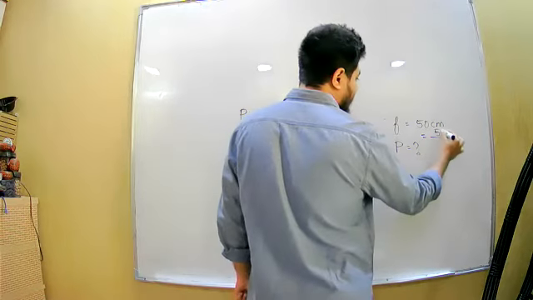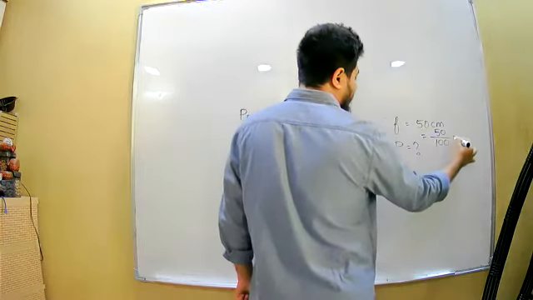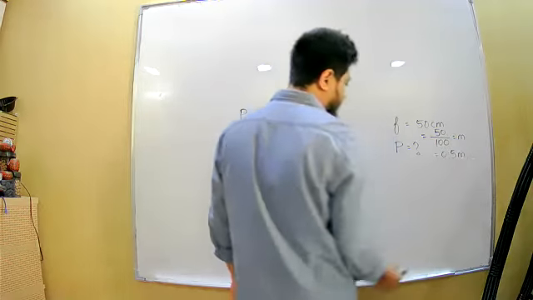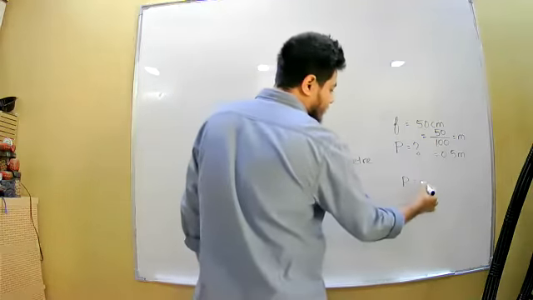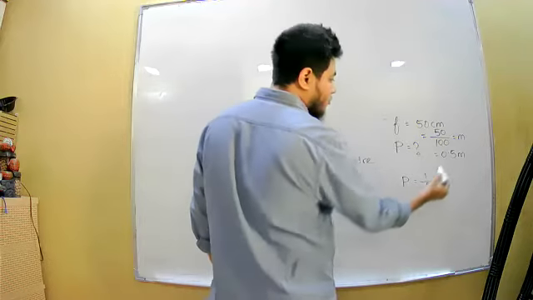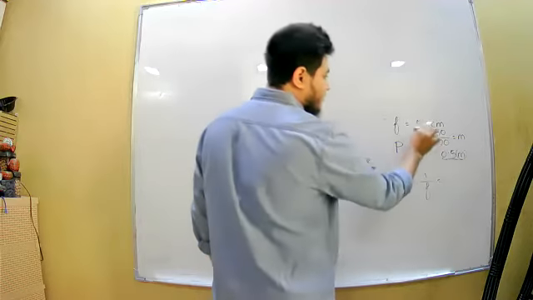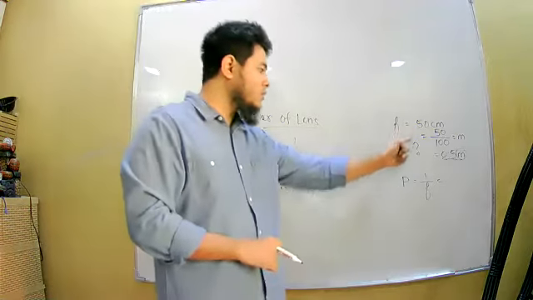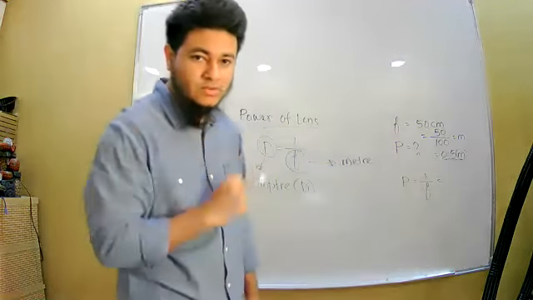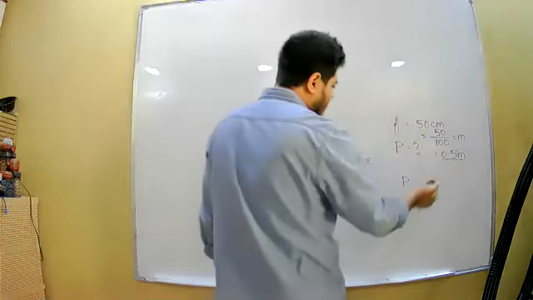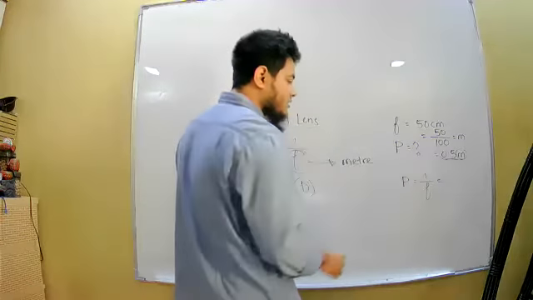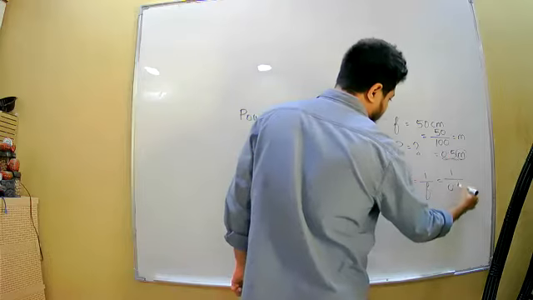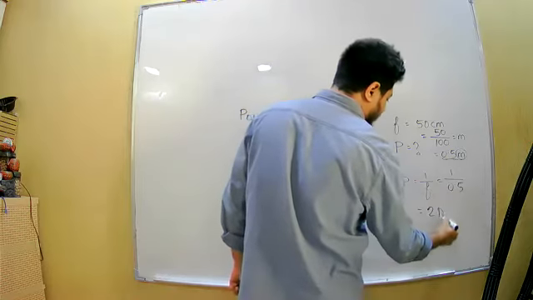So 50 centimeter divided by 100 will be 0.5 meter. Now P is equal to 1 by F. We will put this value which is in meter, not the value in centimeter. If you use the wrong value, it is a very easy problem, but still you will get 0 mark. Maybe 1 mark for writing the equation correctly, but there will still be some mark reduction. So 1 by 0.5 will be 2 diopter.